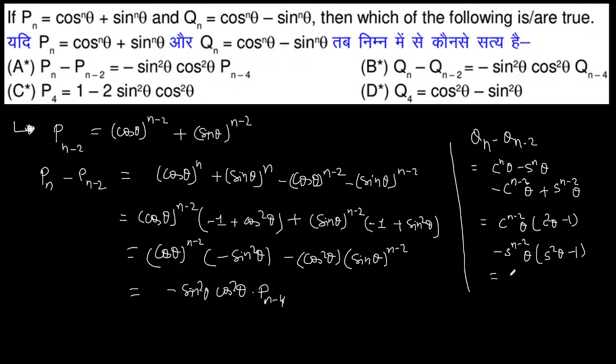This is minus sin square theta cos n minus 2 theta, plus cos square theta sin n minus 2 theta. We will take cos square theta minus cos square theta sin square theta common. We are going to face the same thing, which is nothing but Q n minus 4.